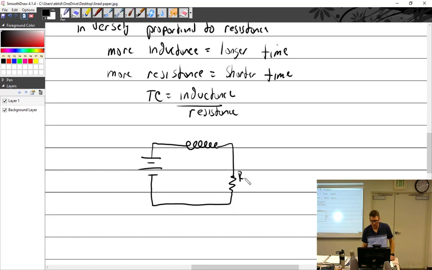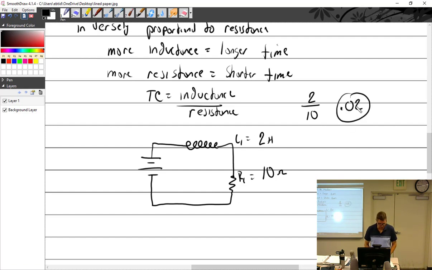So R1 equals 10 ohms, and inductor 1 equals 2 henries. Then how long is each time constant? A time constant is inductance, which is 2, divided by resistance, which is 10.